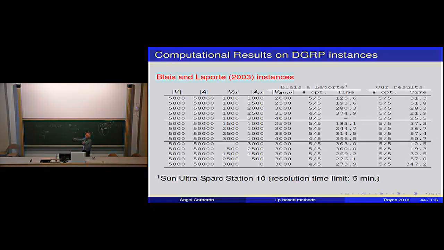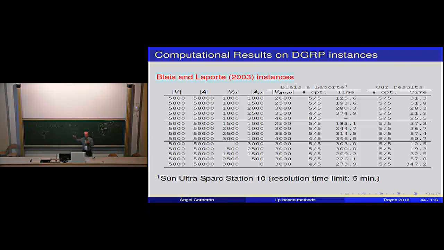What we got were, we were able to solve all the problems to optimality, all of them, in less than 1 minute of CPU, except the last one that, as I told you, is a pure node routing problem for which our method was not really prepared. This is just to show you that our method was also comparable with other approaches based on existing successful algorithms for node routing problems.